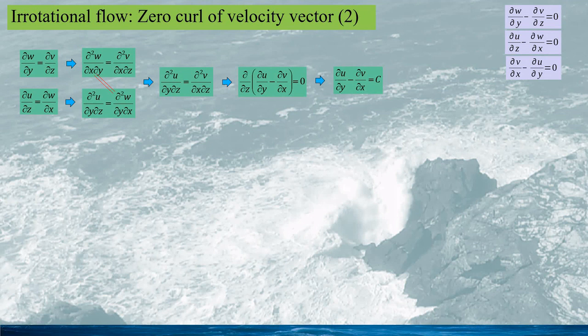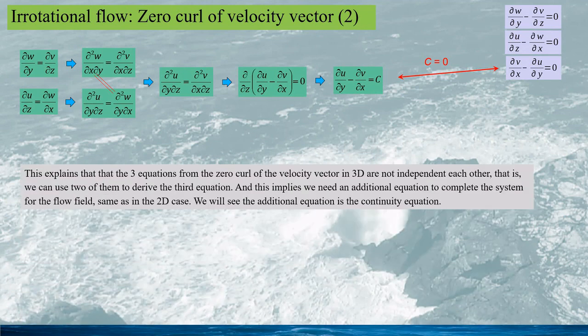When we take the special case for this equation, c equals 0, then we have exactly the same equation as the third equation. So this explains that these three equations from the assumption of an irrotational flow are not independent of each other. And that's why we need another equation to complete the dynamic system in 3D cases.